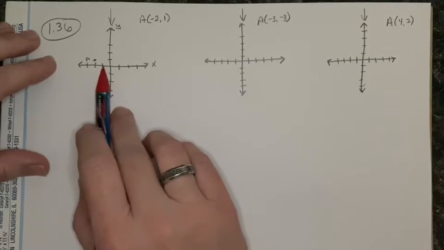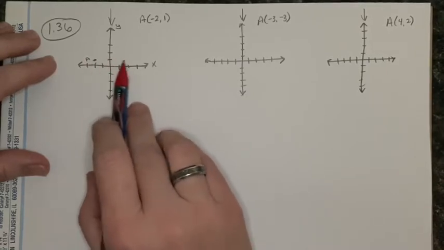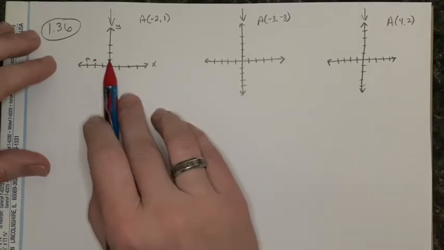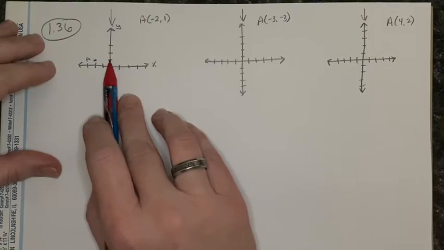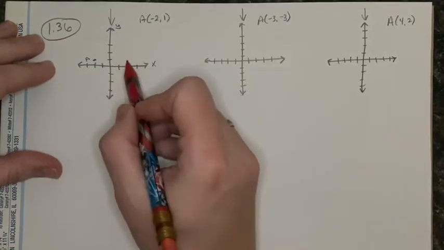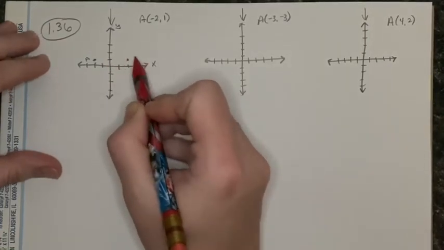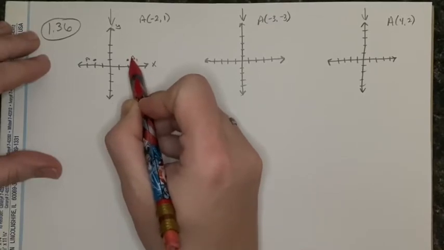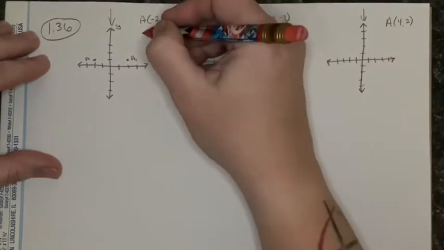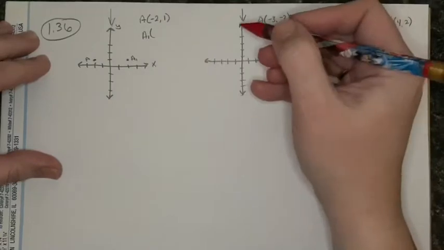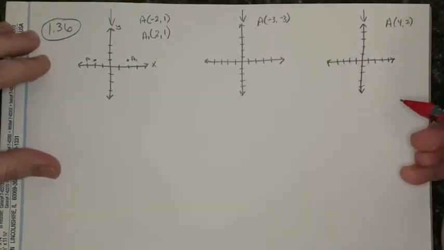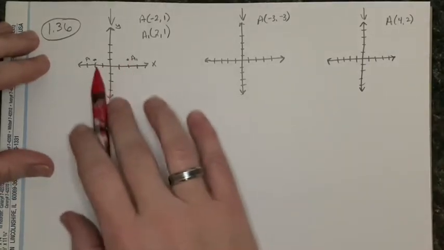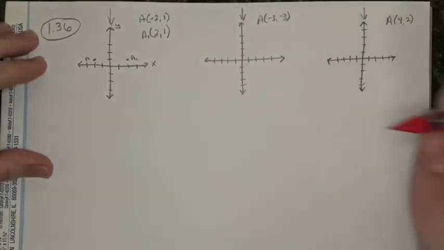Well, it's 2 points away. So if we stay at point 1 on our y-axis, and we go 2 points in the other direction, this is going to be our partner point for A. So our A sub 1 point is at 2, 1. Okay, and that is then symmetrical to the y-axis.